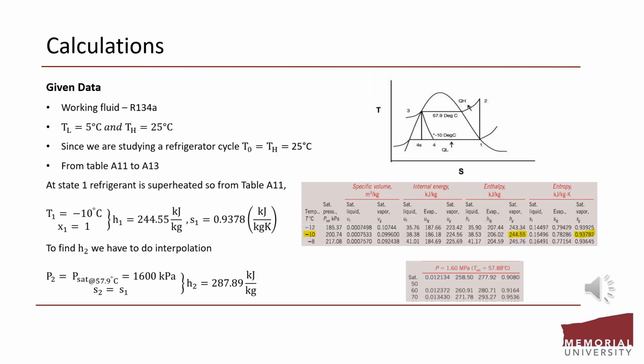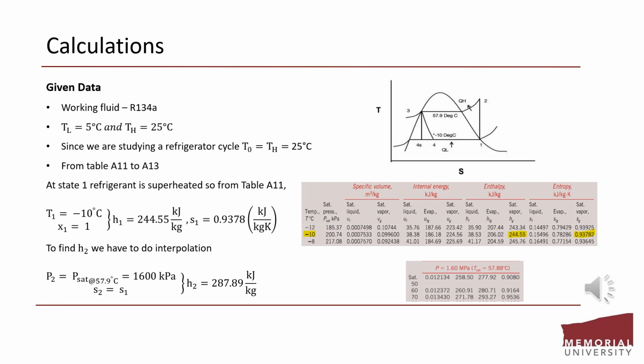As we have seen, the lower temperature is 5 degrees Celsius and the higher temperature is 25 degrees Celsius. Since we are studying a refrigerator cycle, the dead state temperature is equal to TH, that is 25 degrees Celsius. Now from tables A11 to A13, we can calculate the entropy and enthalpy of the four states.